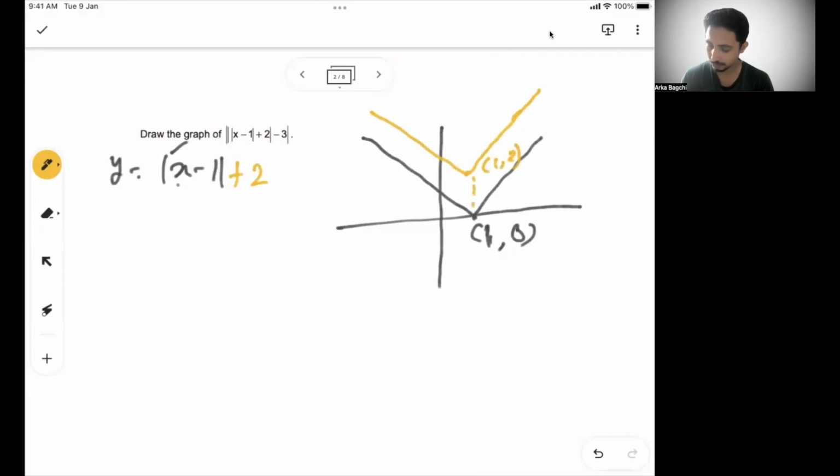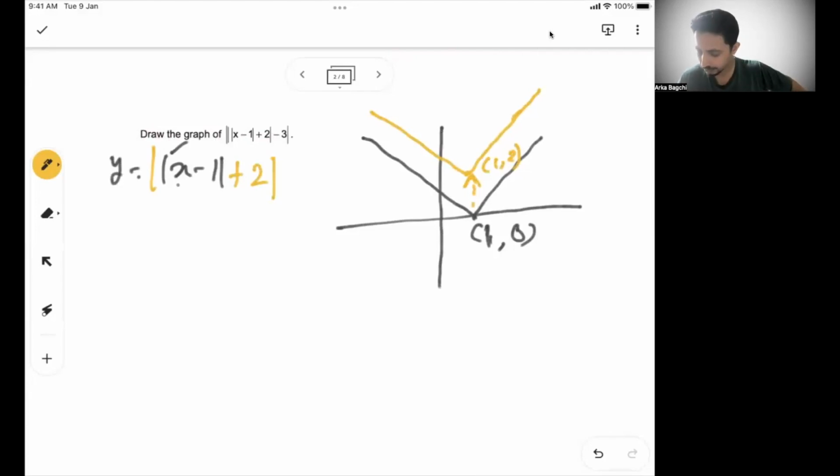So this same graph will be shifted to the top. Now if you put a mod, it will be kind of same, because x minus 1 mod plus 2 can never be a negative number, because x minus 1 mod is positive and plus 2 is also positive. So positive plus positive cannot be negative. There is no negative value of y possible even without the mod. So even if you put mod, it will not change.